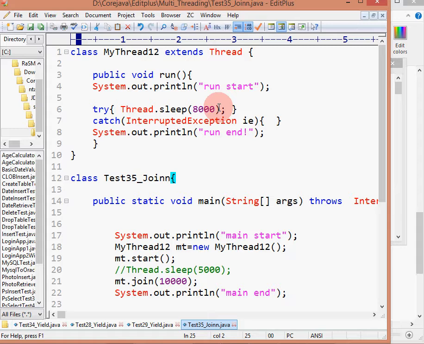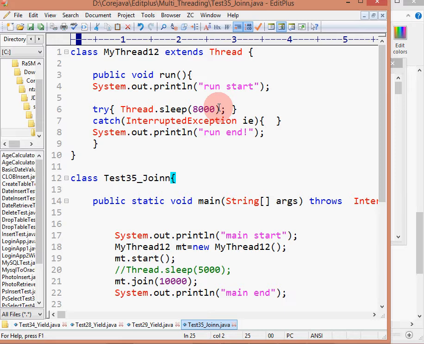In the previous example, you know that the thread is waiting: after 8 seconds, first 5 seconds it blinks, after blinking it executes, then waits, blinking three times and then giving you the output, main ended. But here, if you observe, 8 seconds it blinks directly, and after that the answer comes directly. Because if you place the Thread.sleep method, then it waits and pauses the thread execution for the given certain time period. But if you place the join method, then whatever time is given, it executes before the time period given.